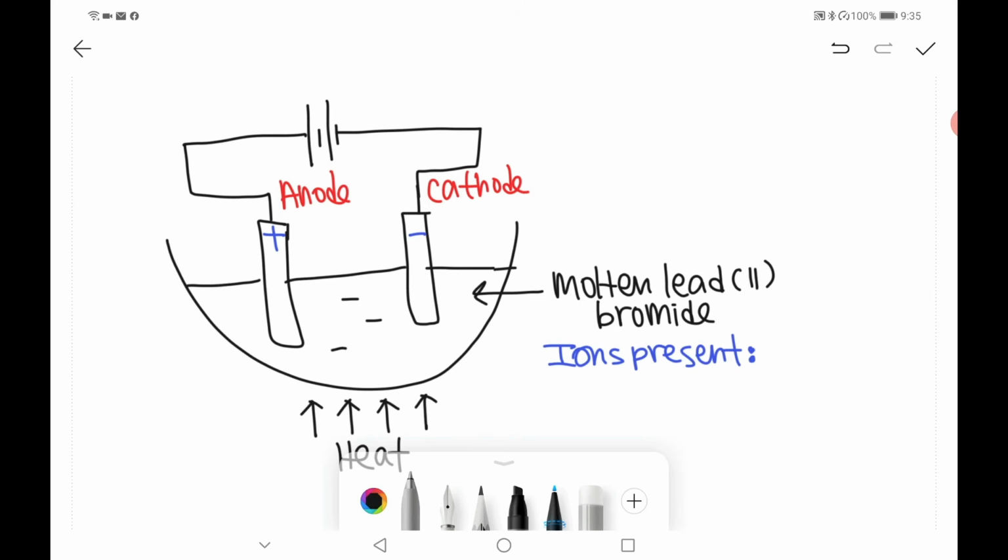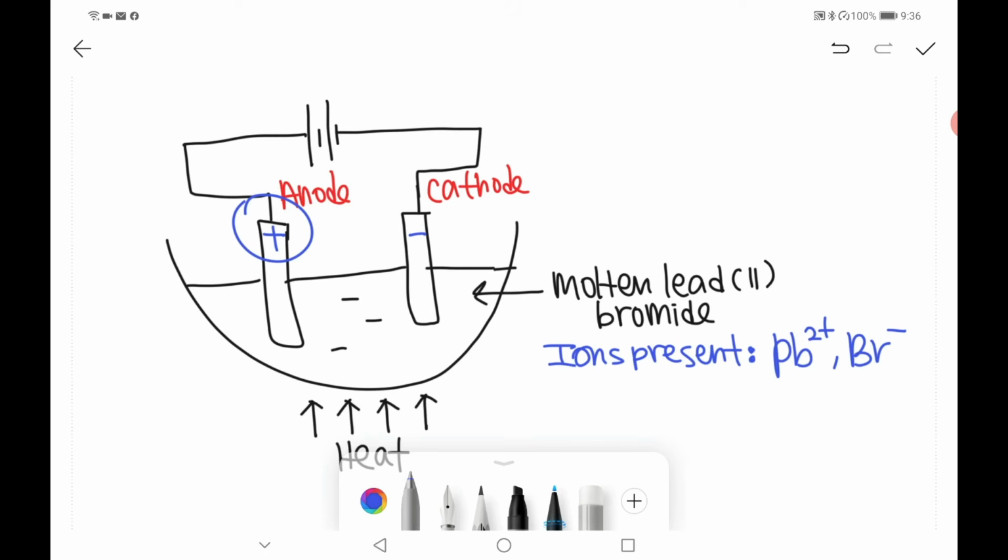Lead bromide: we have lead, Pb2+, and bromide, Br-. So now we know what ions are inside here. Next, step number 3, we need to know where the ions will go.